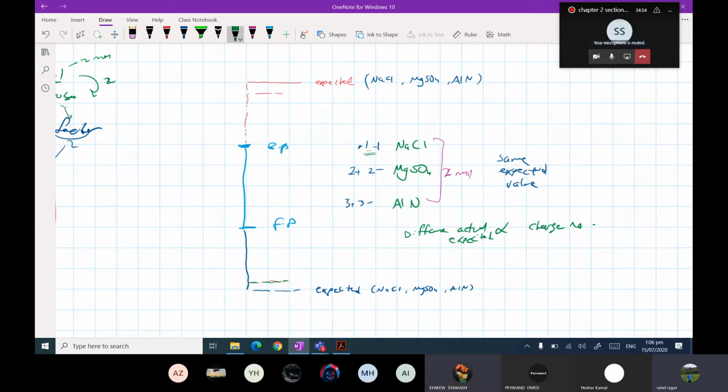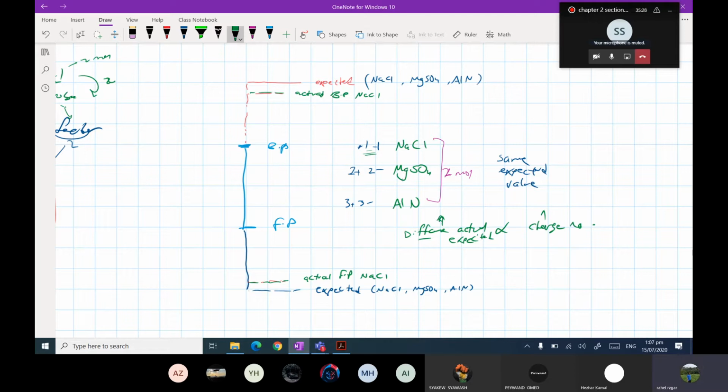The actual freezing point of NaCl is here, and the actual boiling point of NaCl is here. What if the charge is increased? What happens to the difference? It will also increase.